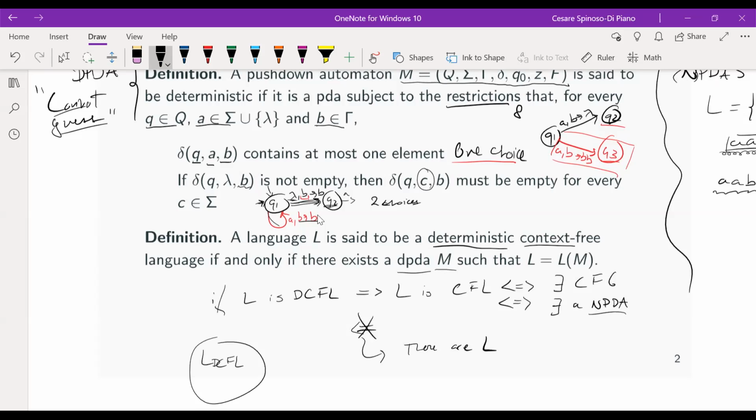If this is the set of languages that are accepted by deterministic context-free languages, then it's a subset of the languages that are just context-free languages. Something that's in here but not in here would be L equals w w^R, not 3.